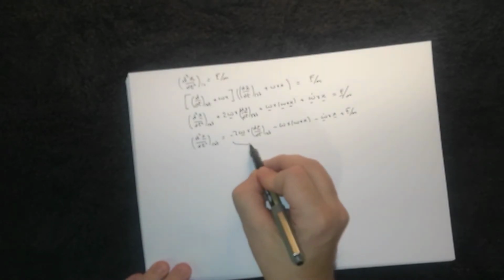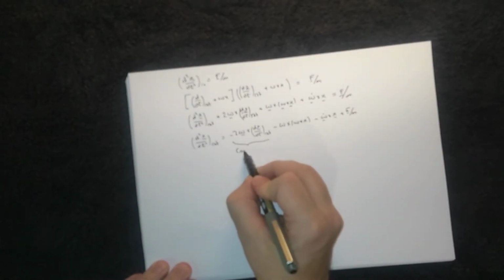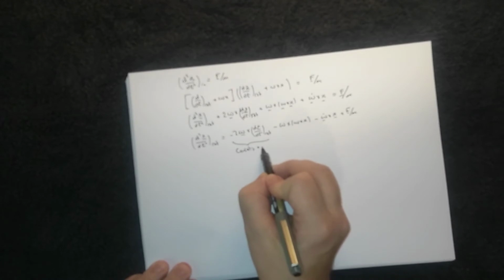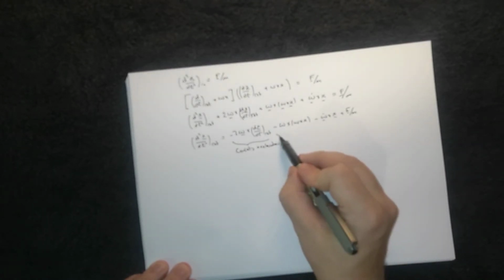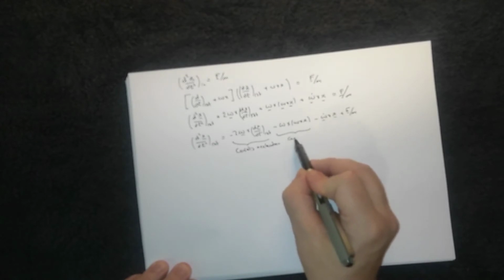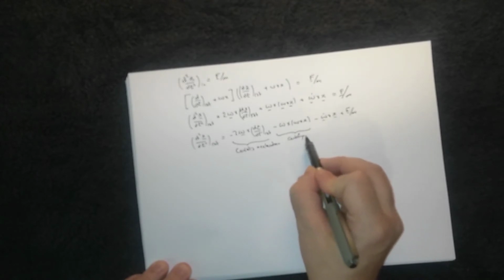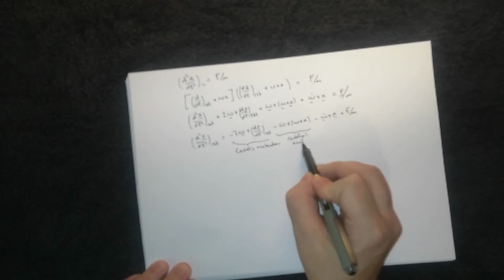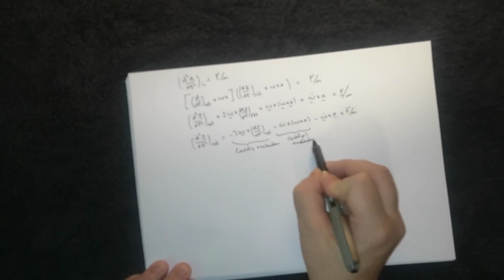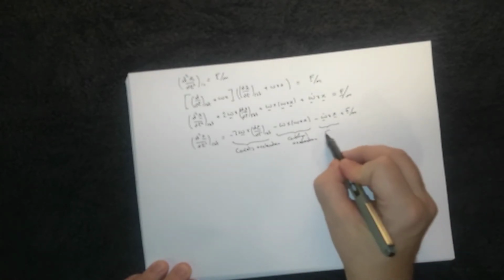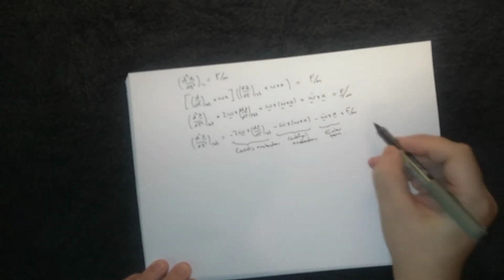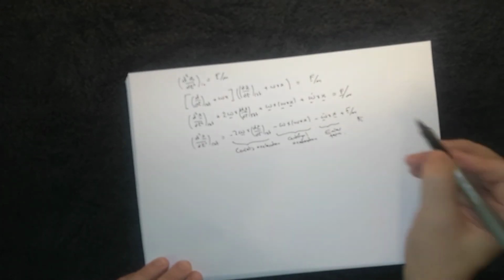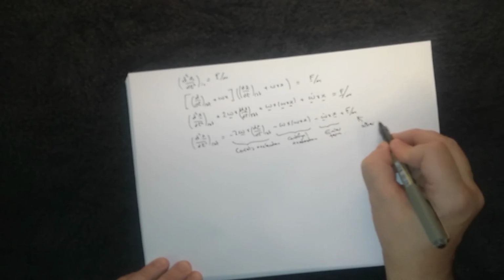We call this the Coriolis acceleration. We call this thing here the centrifugal acceleration. And this is the Euler acceleration. Just call it the Euler term. And these are the other forces.